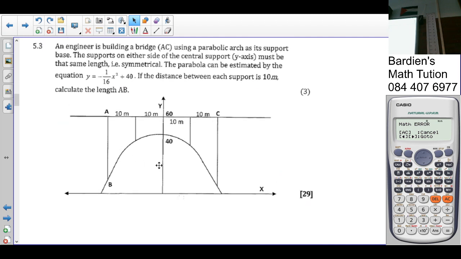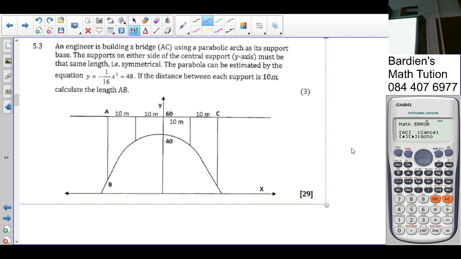Right. In question 5.3, an engineer is building a bridge, AC. Yeah, this length here. This length. Using a parabolic arc as its support base.